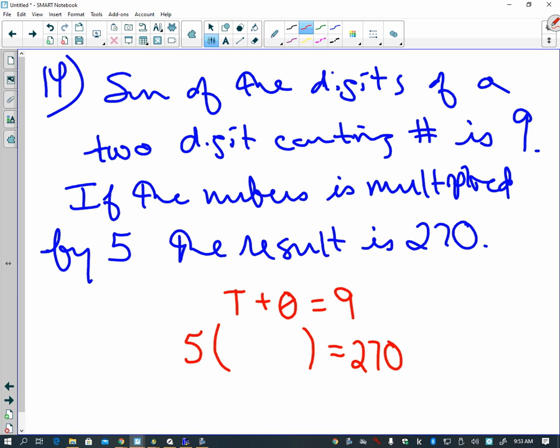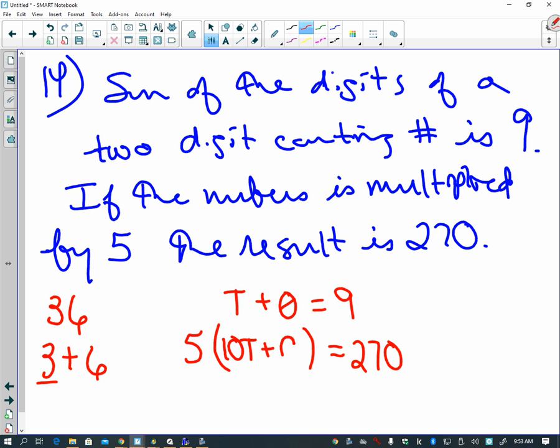To give you a for instance, let's say it was 36. I'm looking at it as 3 plus 6, but what is this 3 actually worth? 30. It's not just 3, it's really 30. So here I would have 10t plus this 6, which is just 1 times 6.